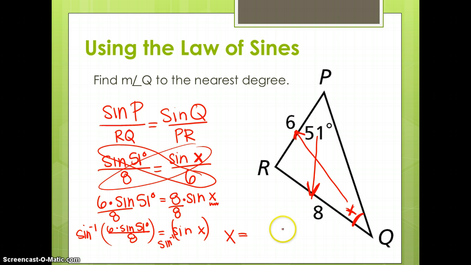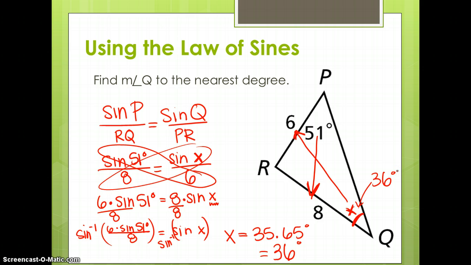And if it needs to, pause the video to follow along and type things in. You should get an x value of 35.65 degrees. We said we were going to round to the nearest degree, so 36 degrees even. This missing angle here is 36 degrees.